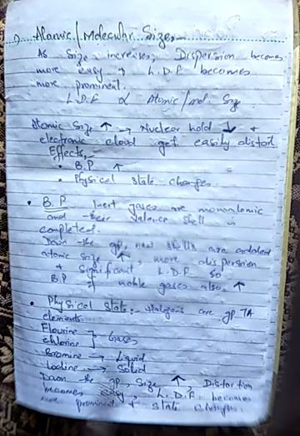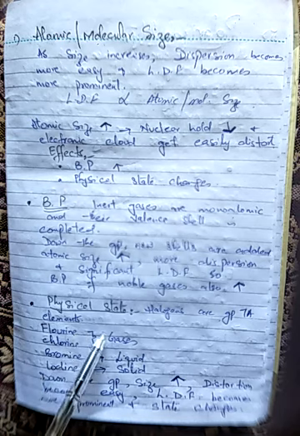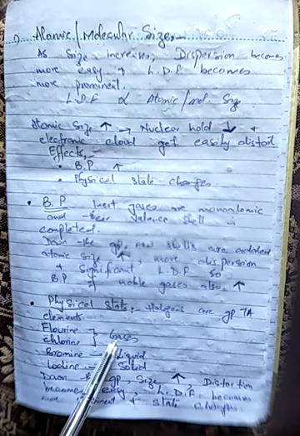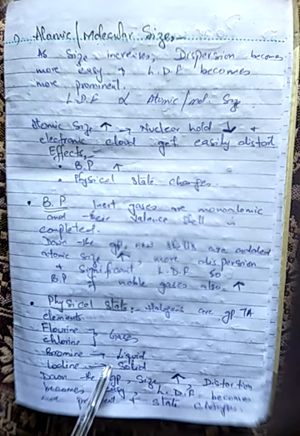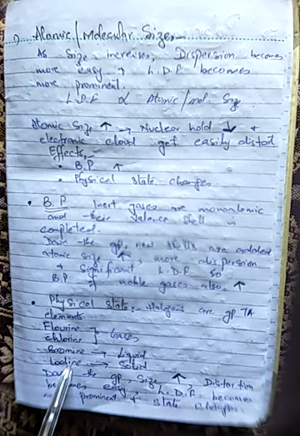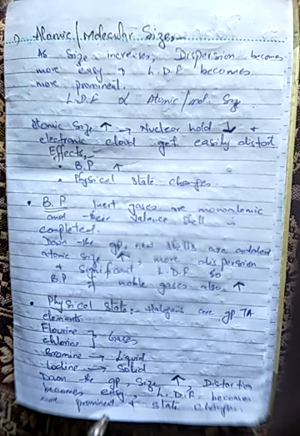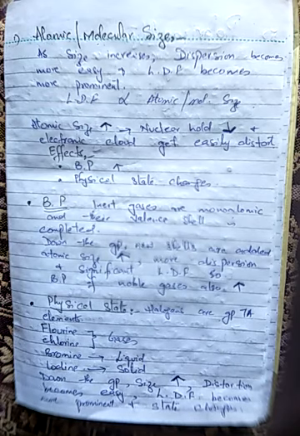How? Same as above. Down the group, atomic size increases and distortion becomes easier. As a result, London dispersion forces become more and more significant, so significant that the physical state changes from gas to liquid and from liquid to solid. It means London dispersion forces are maximum in iodine, so it is in solid form. I hope you have understood that.